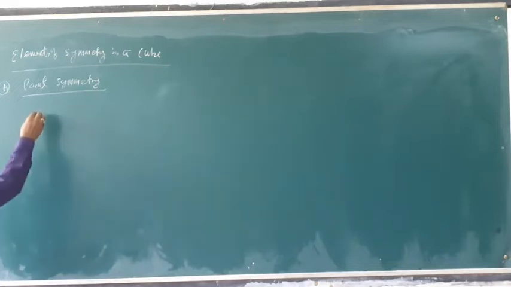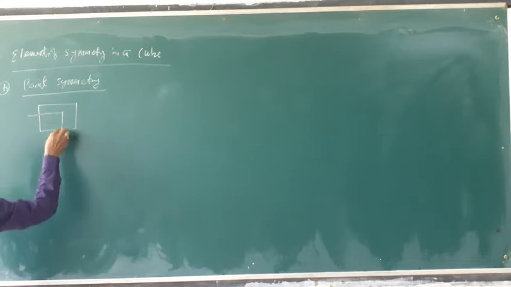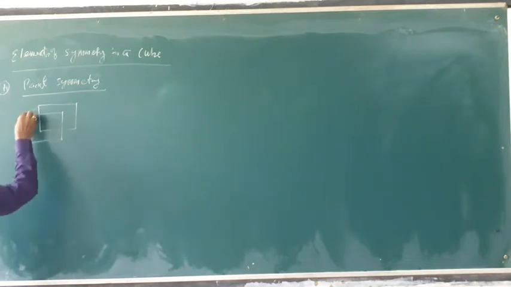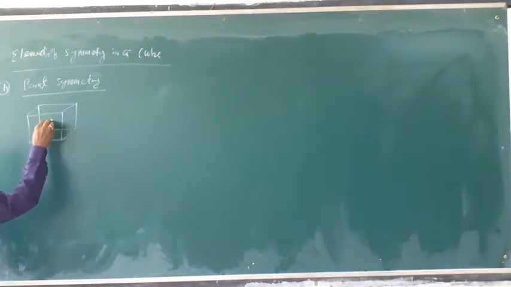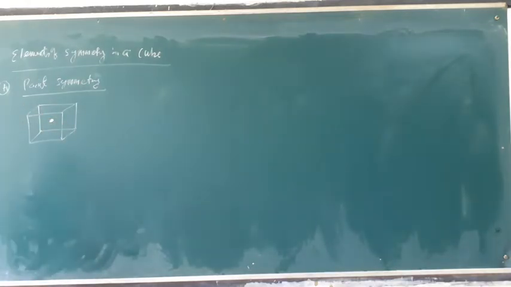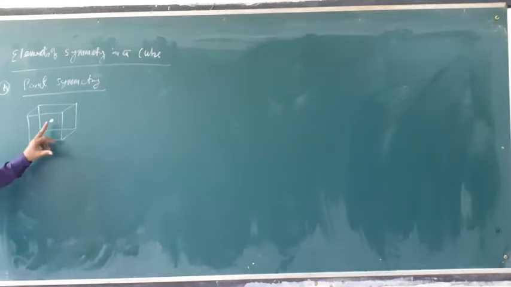Point symmetry means if you take one cube, this is the center of the cube. Think in 3D space, observe in a 3D way. This is the center of the cube, and through this point there is only one.